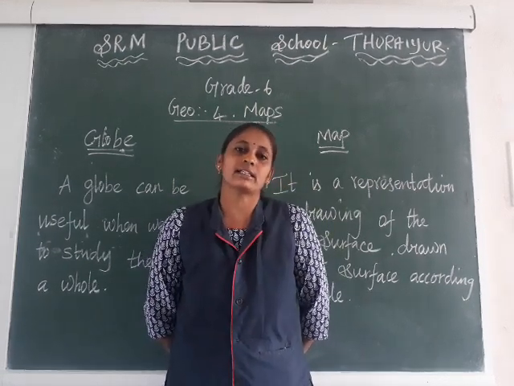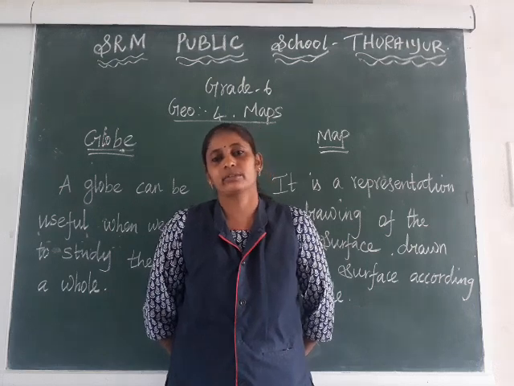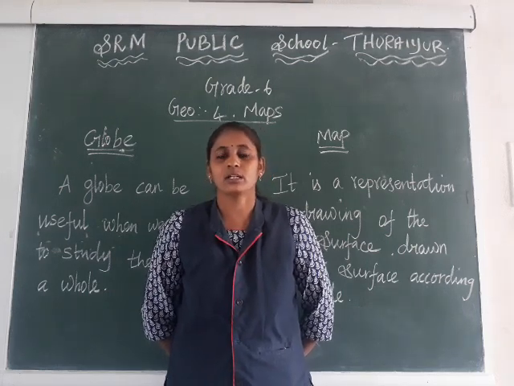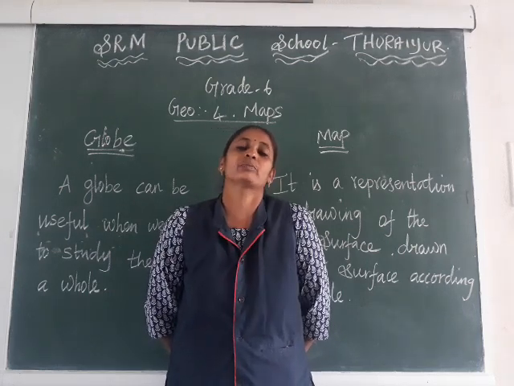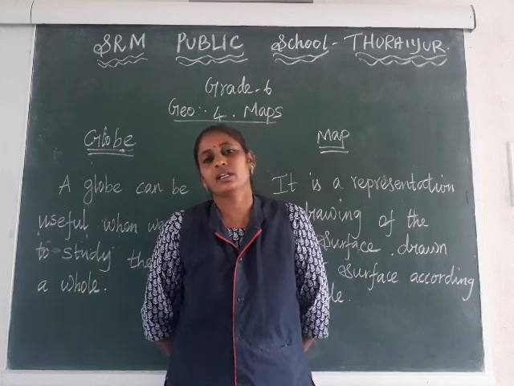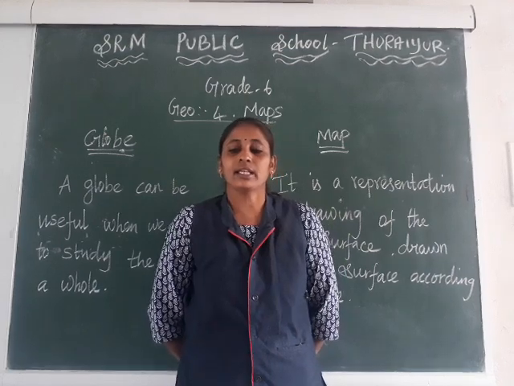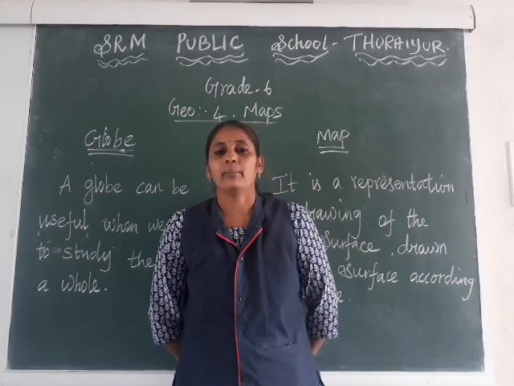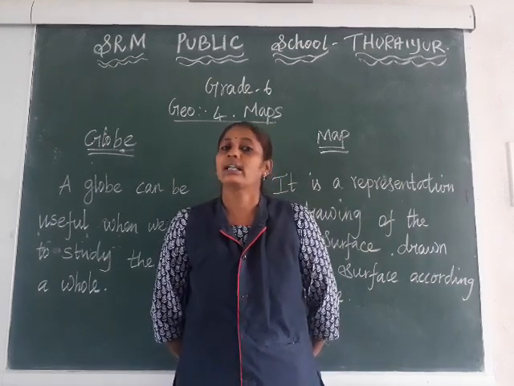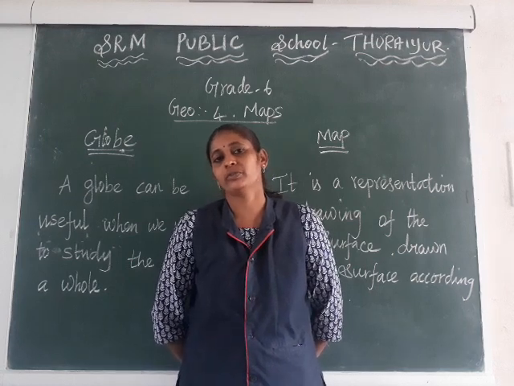So in grade 6 Geography, the first lesson was the solar system, right? About the solar system, the sun and planets, moon, satellite, those things we discussed in the previous class itself. And the second lesson was about globe, latitude and longitude.